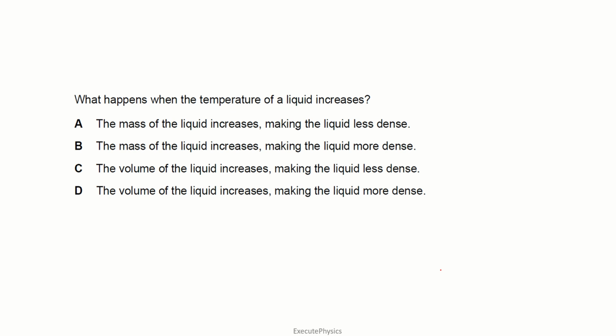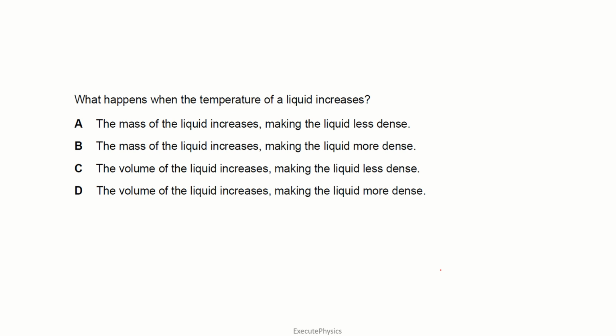Option C says the volume of the liquid increases, making the liquid less dense. D says the volume of the liquid increases, making the liquid more dense. So what happens when the temperature is increased in a liquid? The liquid particles gain more energy. What will happen if they gain more energy? They move around much faster. They occupy more space. So we feel the volume has increased a little bit.